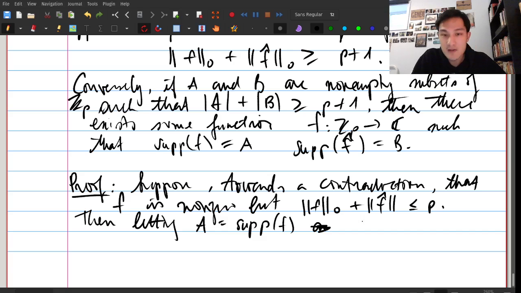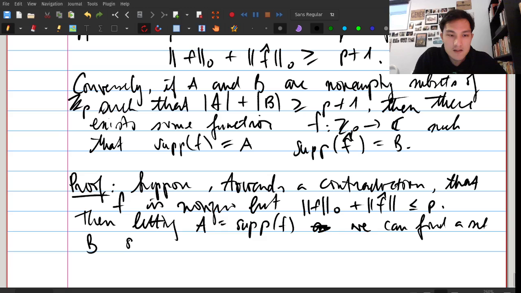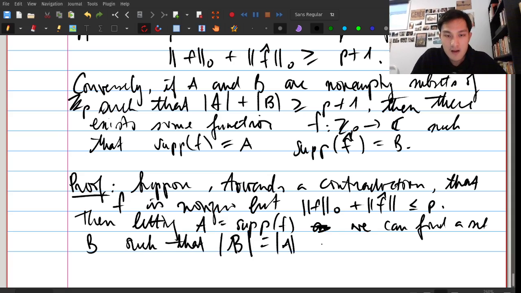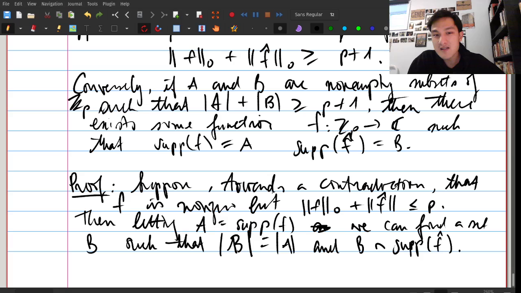We can find a set B such that the size of B is equal to the size of A, and B is disjoint from the support of f hat. We didn't say that the support of f is disjoint from the support of f hat, but we can find a set of the same size that is disjoint from the support of f hat.